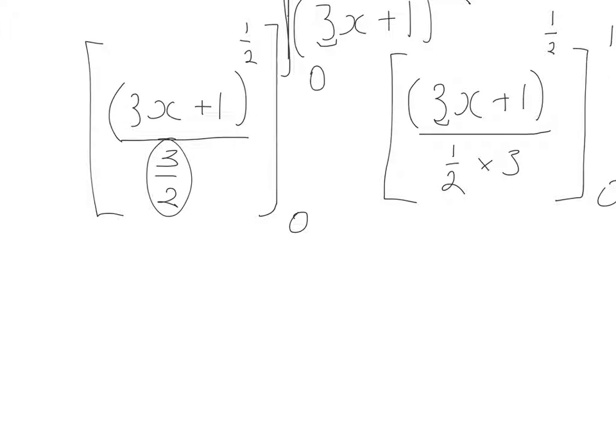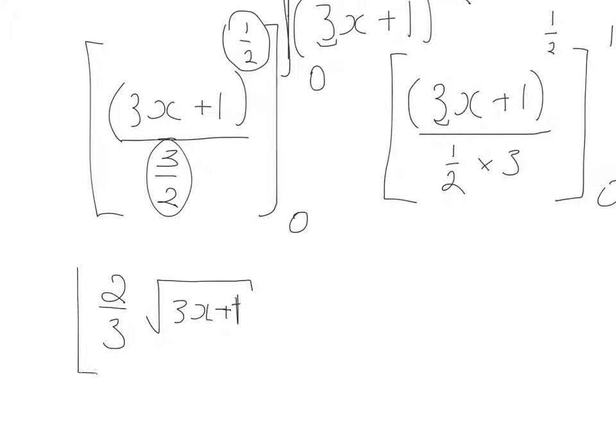So that can now be written as 2/3. I'm going to replace the power 1/2 by the square root symbol, and that's another rule of indices. So I've got 2/3 bracket square root of (3x + 1) between 1 and 0.